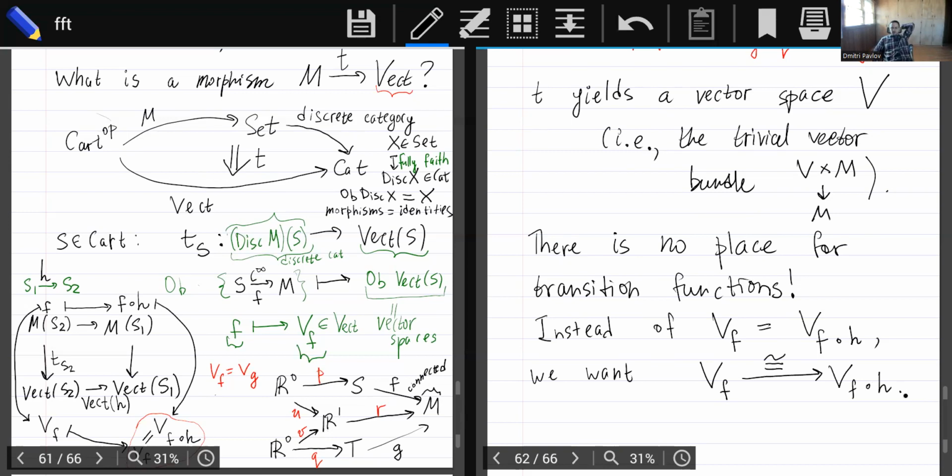Unfortunately, that's not provided to us by the current formalism, which really was an obstacle for a while until Grothendieck suggested a solution somewhere in the 1960s, I guess, for how to incorporate this.